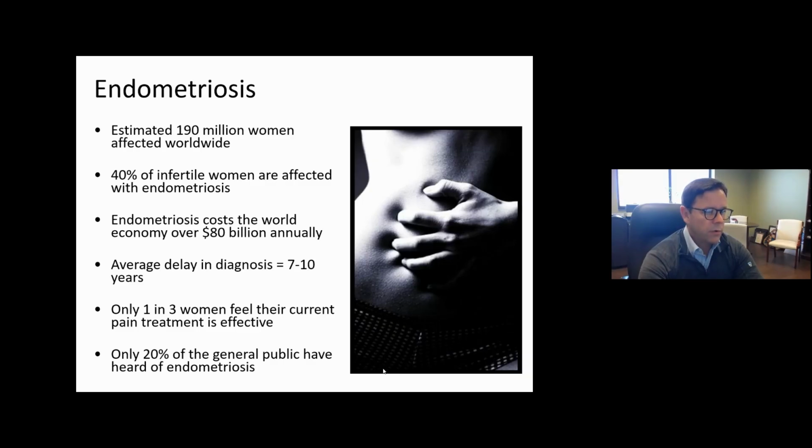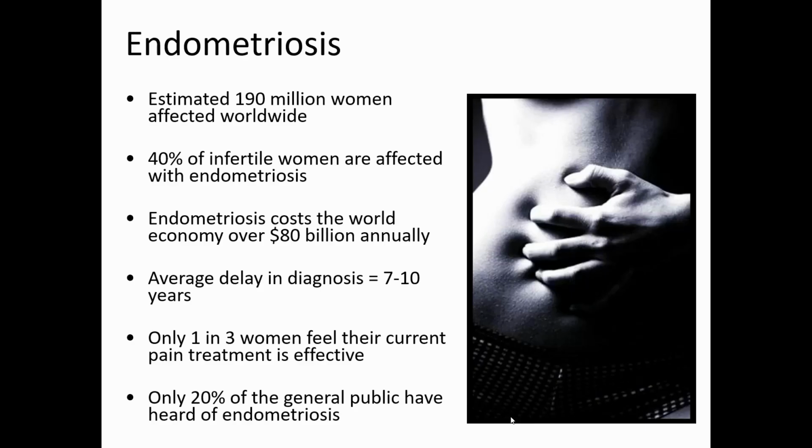Unfortunately, this particular condition has been very resistant to the discovery of a laboratory diagnostic, resulting in an average delay in diagnosis from the onset of symptoms of 7 to 10 years. This represents a major clinical gap in the clinical approach to endometriosis.